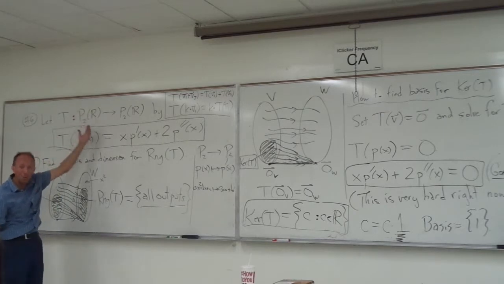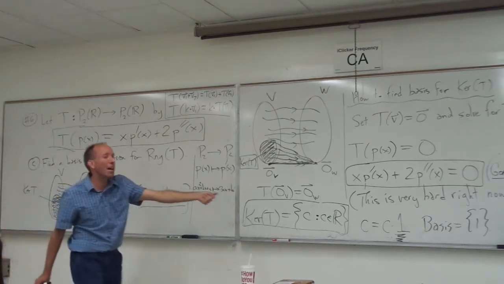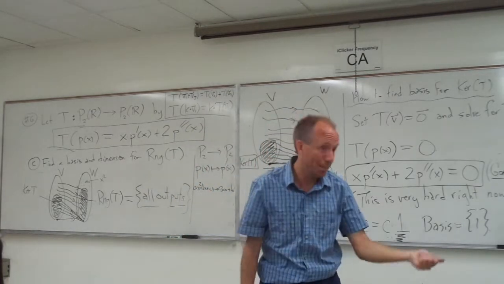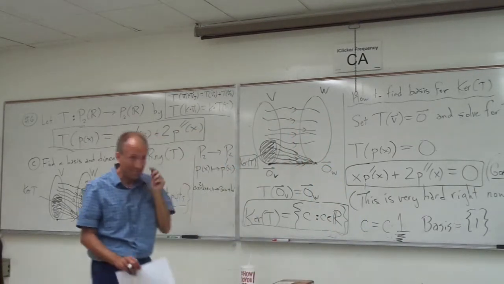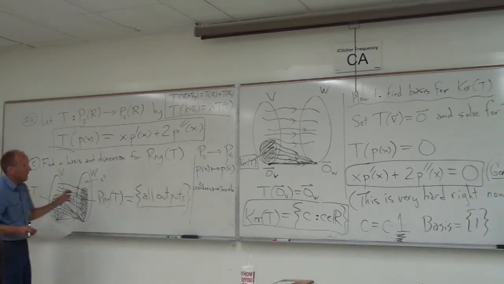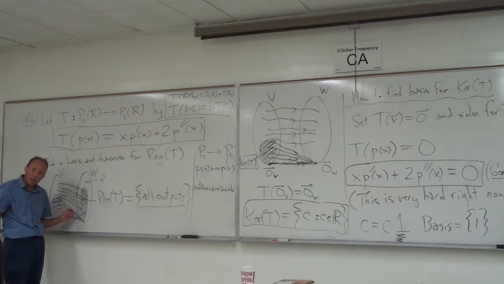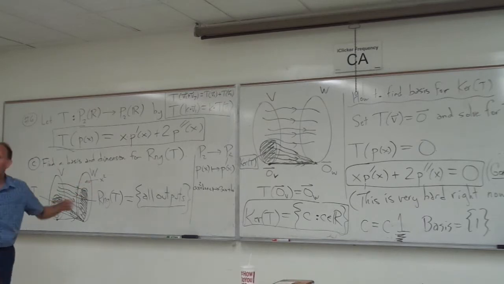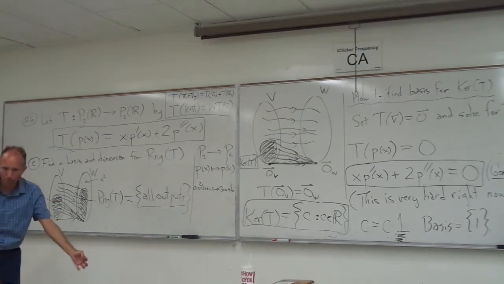So I'm not able to get x squared as an output if I don't have 1/3 x cubed as an available input. You guys see what I'm saying? Okay, so my point is, the range of t is just that part of w that arises as an output of the transformation by some vector from the input set.